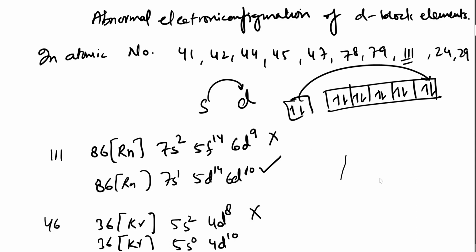Done? Noted? Yes. So tell me, what is the electronic configuration of an element having atomic number 57? Atomic number of element is 57.